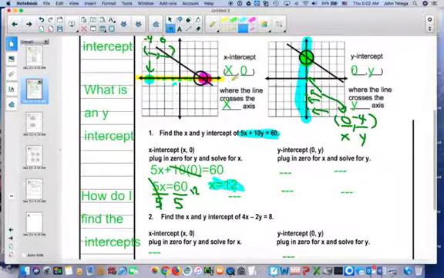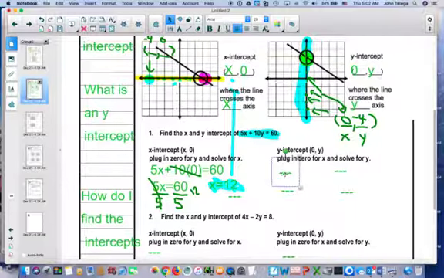I think this is like, I don't know, it would be over here. If you follow this line over, it would be somewhere in here. Okay, that's x equals 12. Right, that's the x-intercept. That's what that is right there. That's where that goes. Okay, now we're going to do the same thing for y.